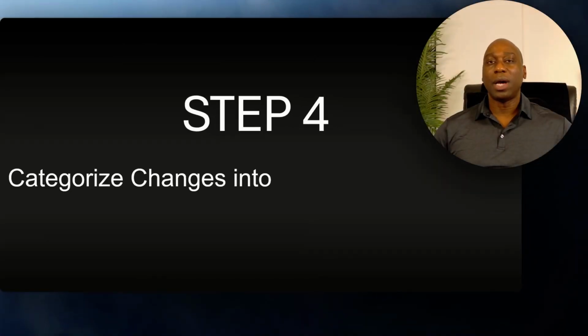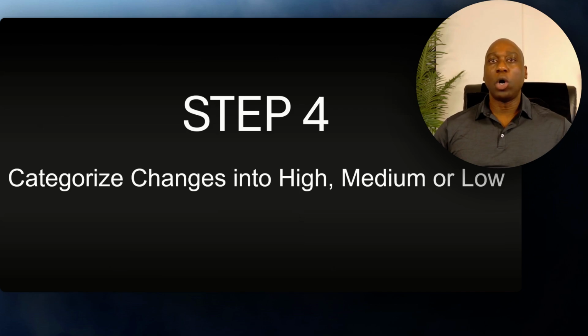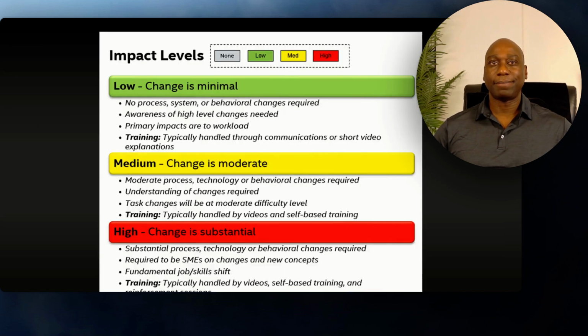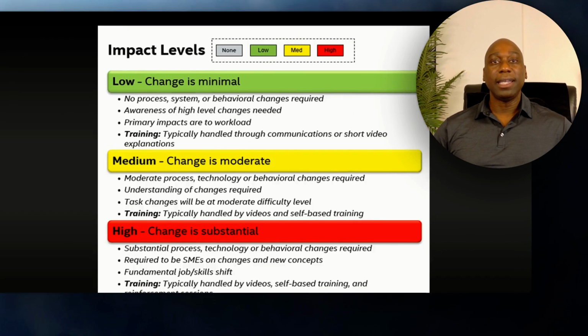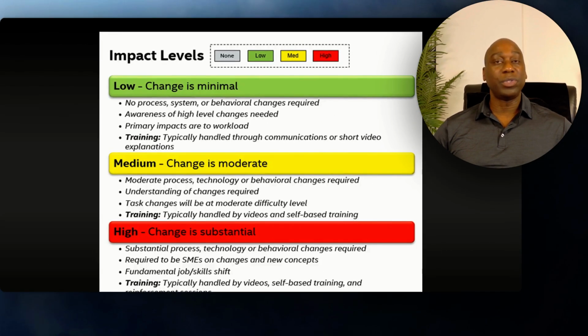For step 4, you want to categorize the impacts into high, medium, or low impacts. High impacts, these are major changes to job roles or job workflows. For example, sales staff needing to learn a brand new CRM.